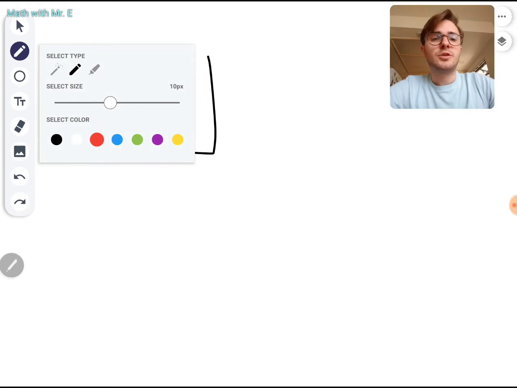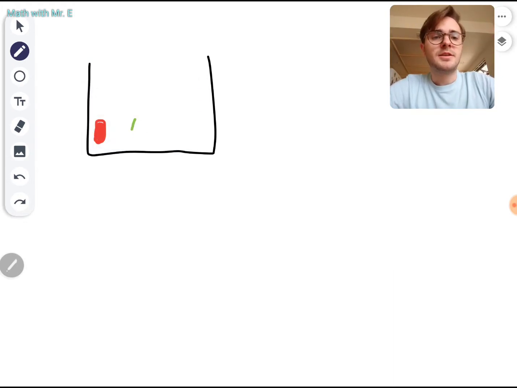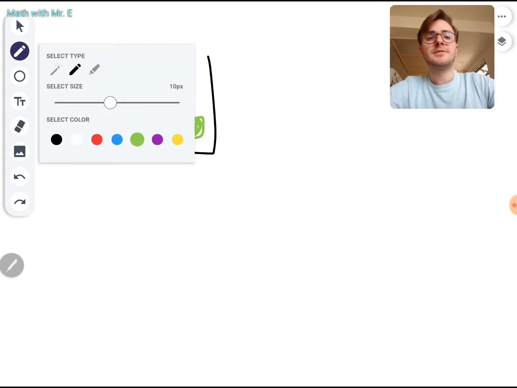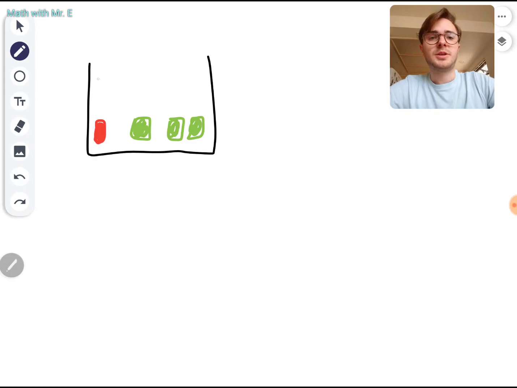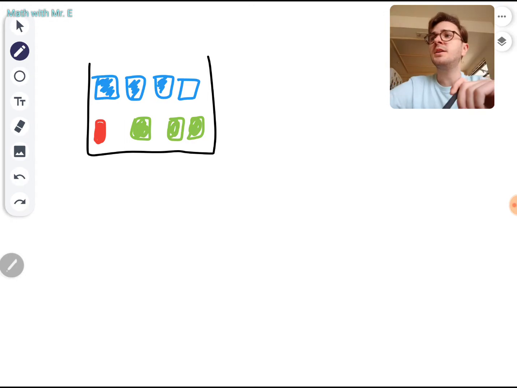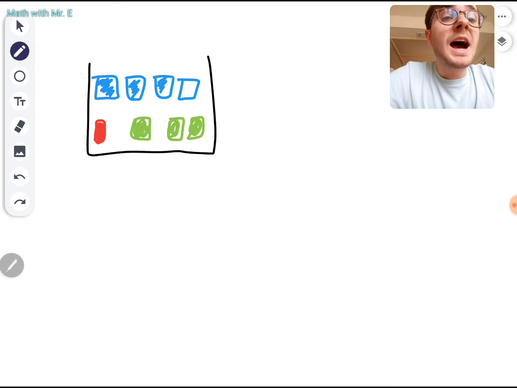We'll have 3 green cubes: 1, 2, 3, and 4 blue cubes. Okay, now we want to know the probability that we would pick either red or green.